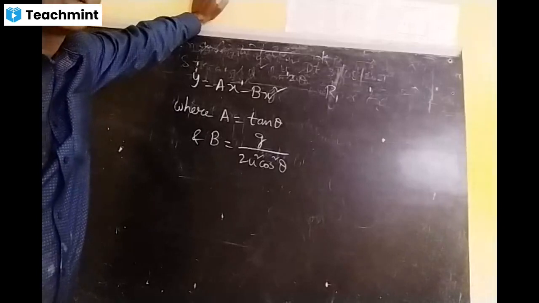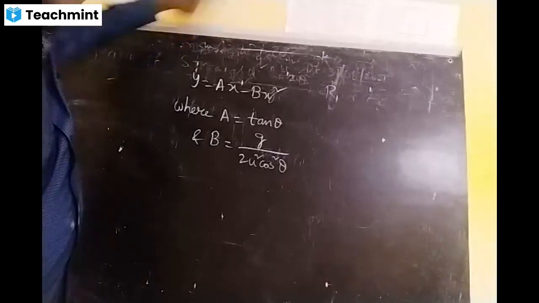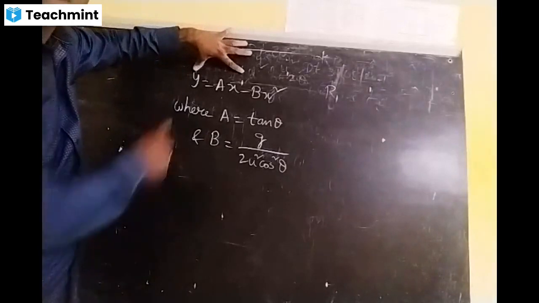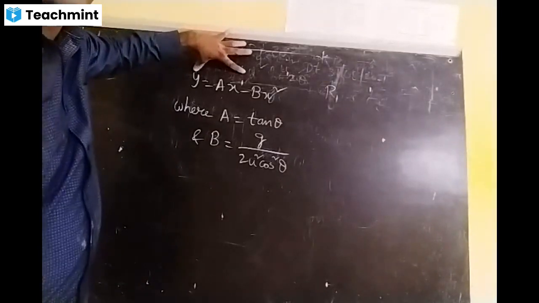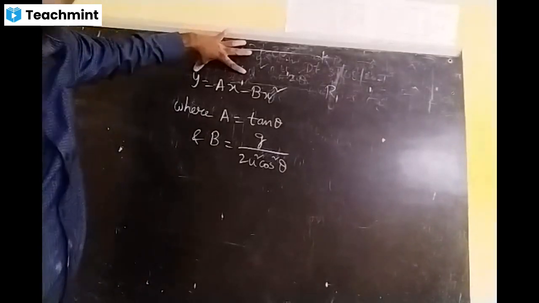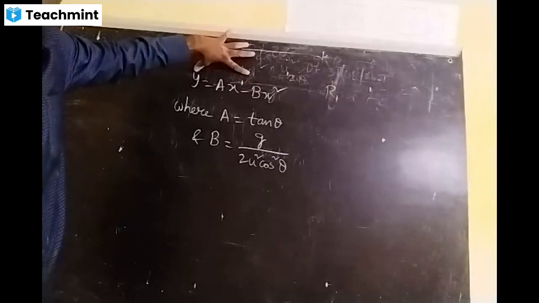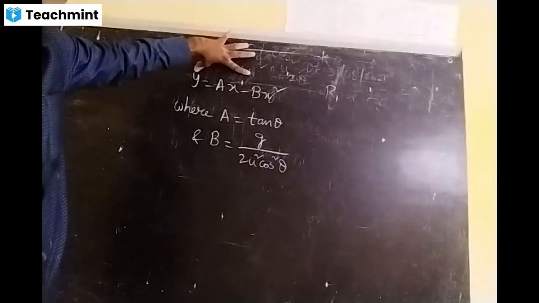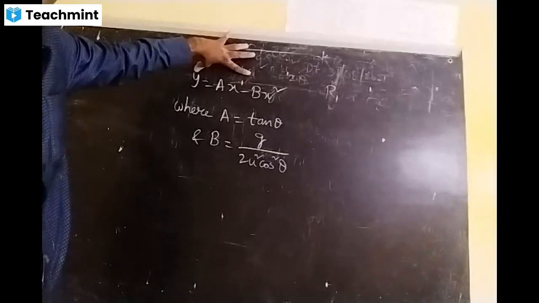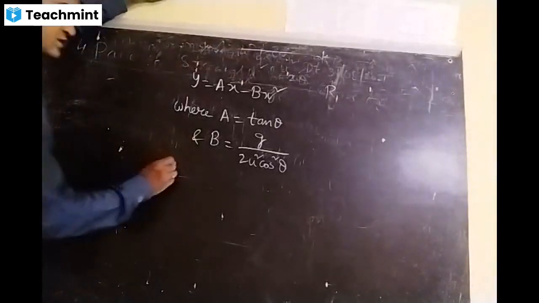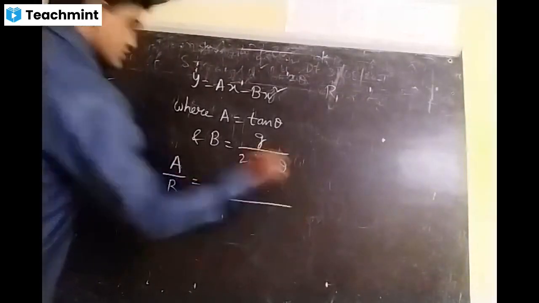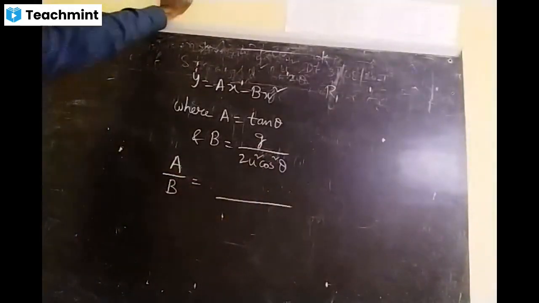This equation is given, and he said that this is the equation of a parabola, and he asked the value of A by B. Then A by B is equal to dash.